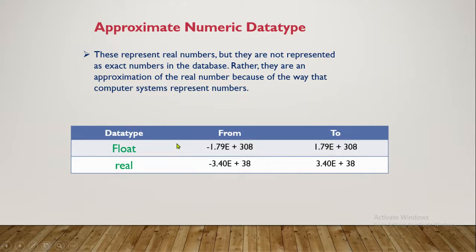If you have studied any programming language, you should know what float and real are. They store fractional numbers like 1.79, with some digits after the decimal point. If we want to store such numbers, we use the float data type.